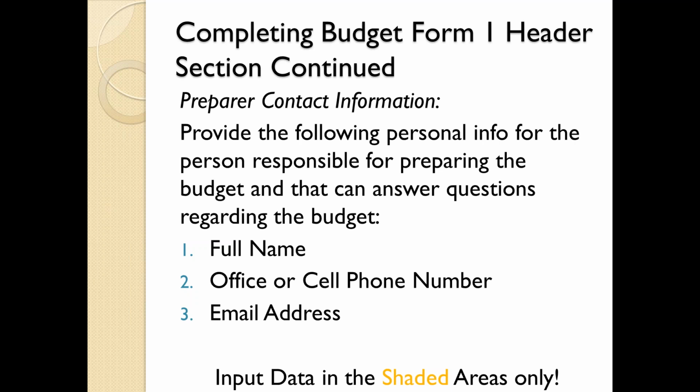Now, if that's not how your organization policy works, then you follow your policy. However, I would definitely recommend that you have a person who has knowledge of the budget and the preparation listed so that if there are questions, we can contact that person. Because if we can't contact that person, that's just going to hold up the process.